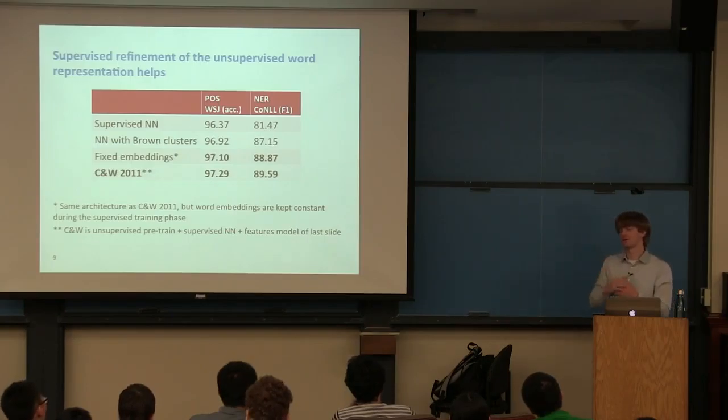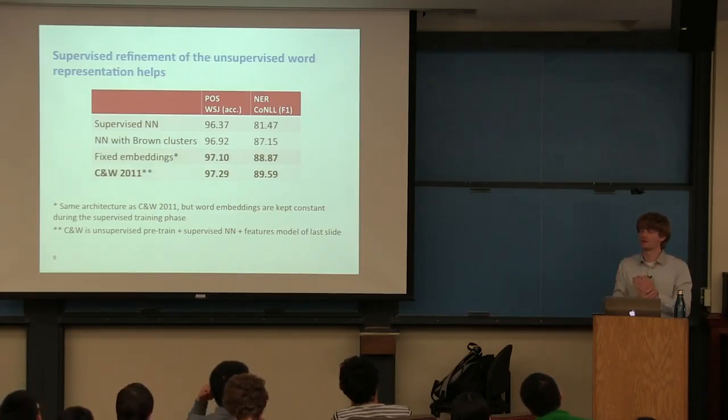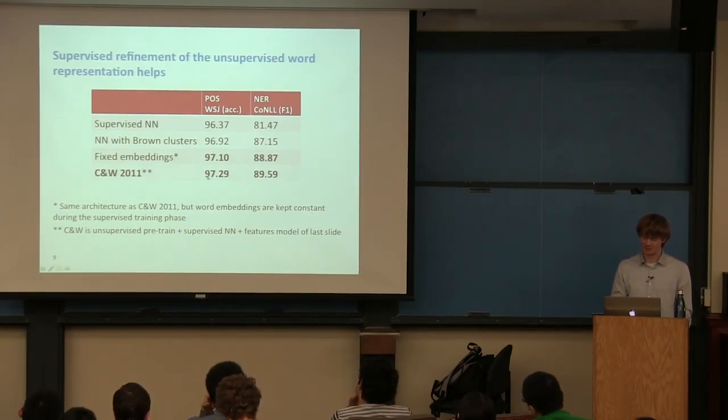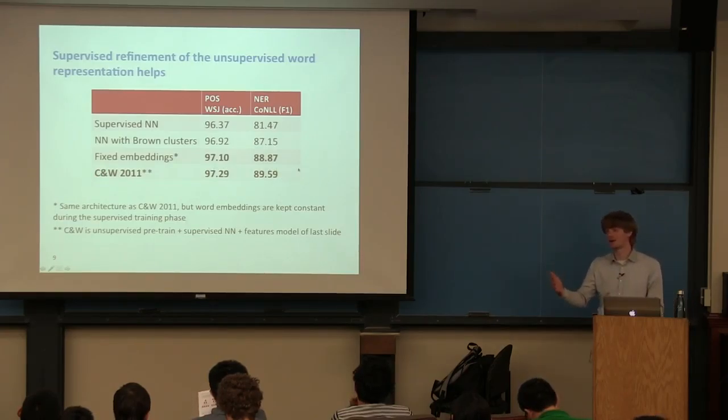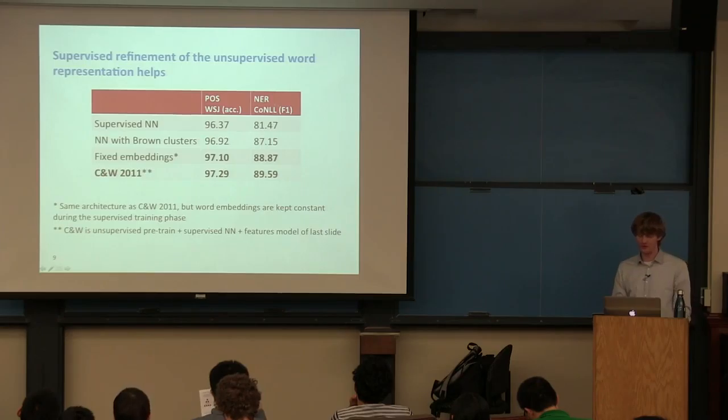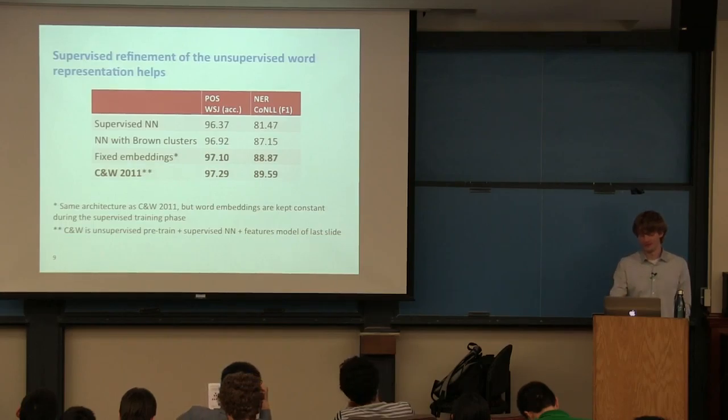Or you take the derivatives with respect to the word vectors and update those as well in your stochastic gradient descent. If you do that, it turns out to help a little bit, and you can get to a system that's even more accurate. Those are two tasks that are very much fought over in the academic community, so being able to improve on that is quite exciting.